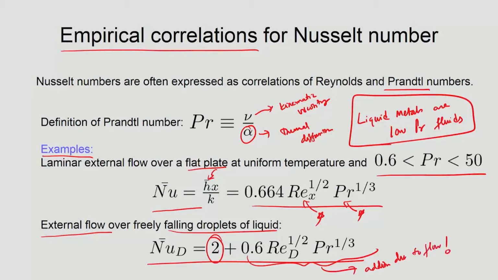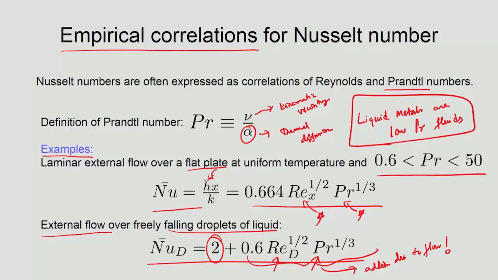Okay, so we can already make meaning out of these expressions, and here also the Reynolds number and Prandtl number will tell you how the heat transfer coefficient will be modified as processing conditions or the fluid is changed, for example, in external flow over a freely falling droplet. Now, like this you can look up the Nusselt number correlations for many problems, arrive at the values, and then get the heat transfer coefficient and use it in the boundary condition for the thermal problems.